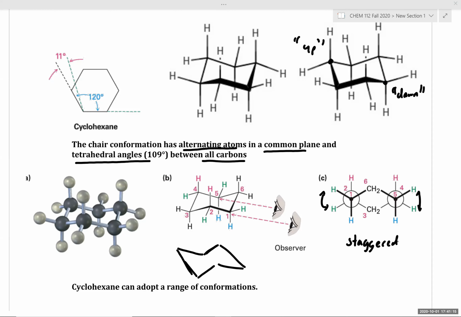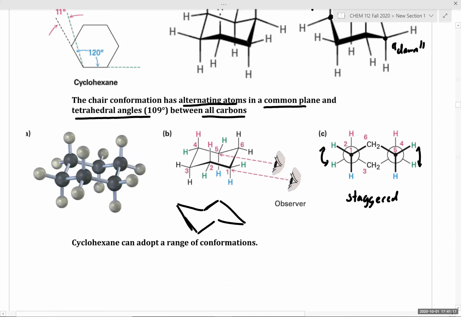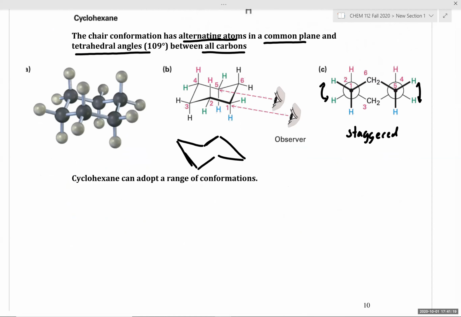Okay, perfect. Now, cyclohexane can adopt a range of possible conformations, and it's important that we study these intermediate and other conformations in order to identify the lowest energy conformation and the energy barrier necessary to change conformations.